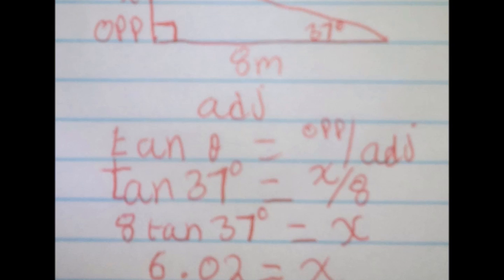To continue solving, you have to cross multiply. When you cross multiply, you get 8 times tan 37 is equal to x. When you plug that into your calculator, that should give you 6.02. We use tan 37 because you need to take the known angle, not the 90-degree angle, the 37-degree angle, as shown in the triangle.